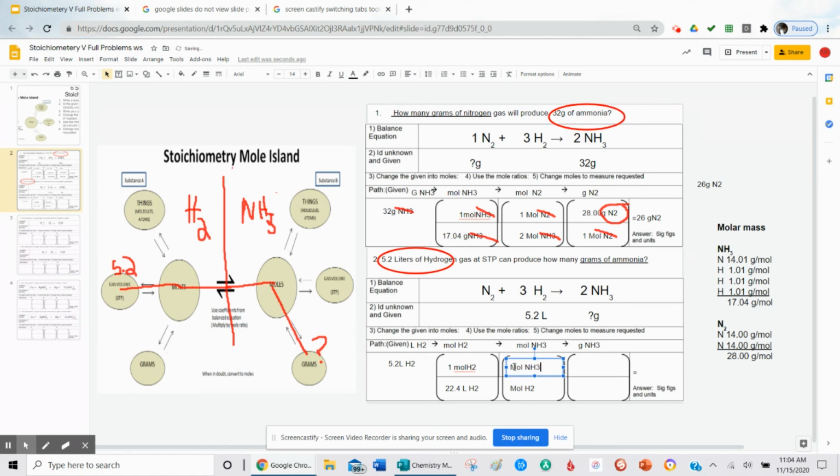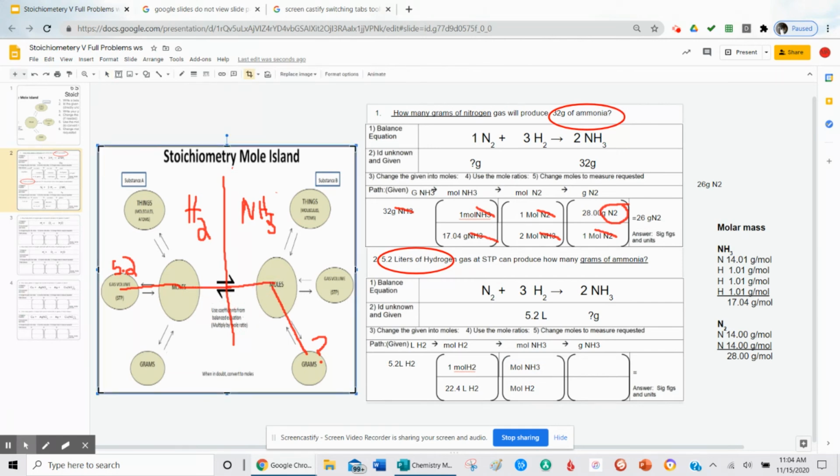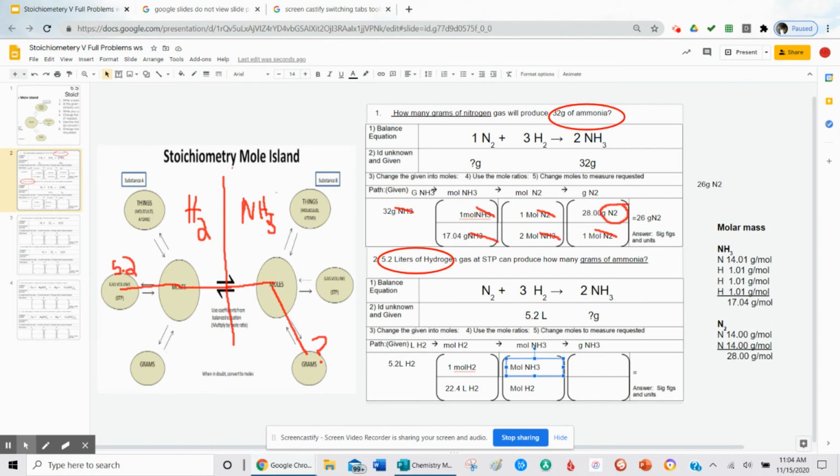And where do I get the conversion factors that go in here? Well, when I'm going from moles to moles, this is the only time we use the coefficients from the balanced equation. And moles of ammonia from my balanced equation is 2, and my moles of hydrogen gas from my balanced equation is 3.